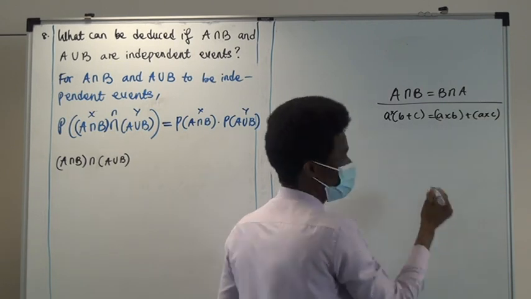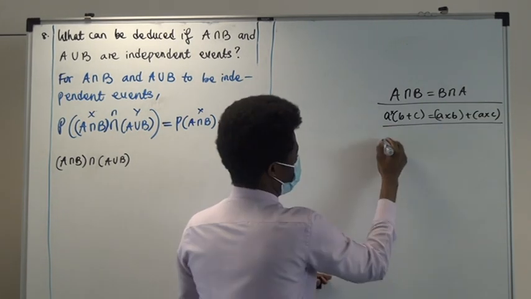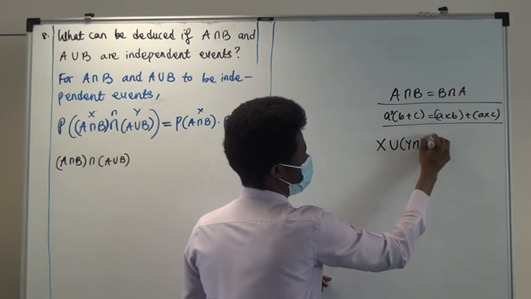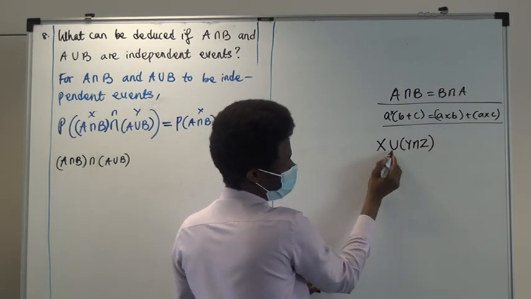Same way in sets, if you have X union Y intersection Z, this is like your A times something.